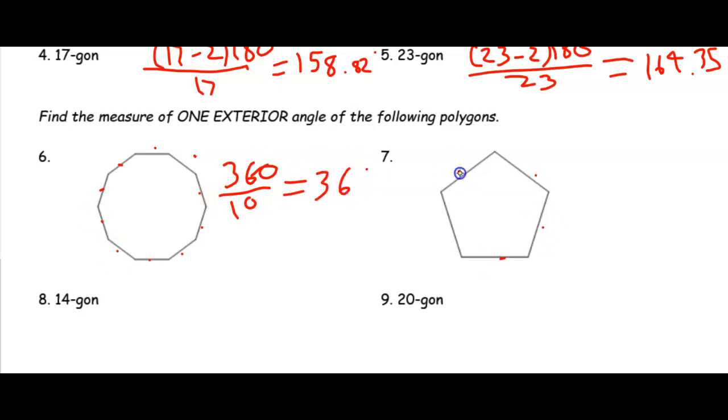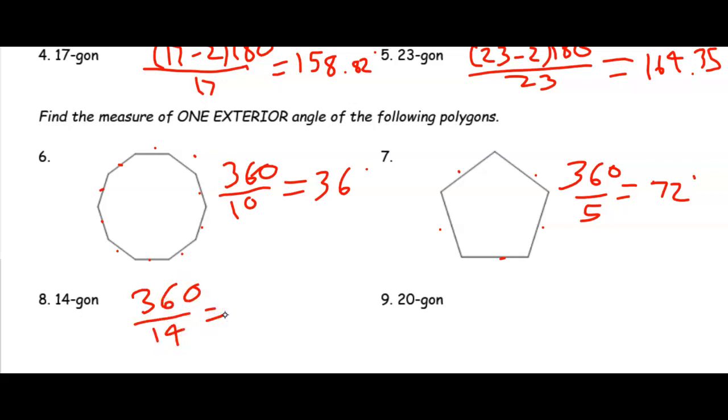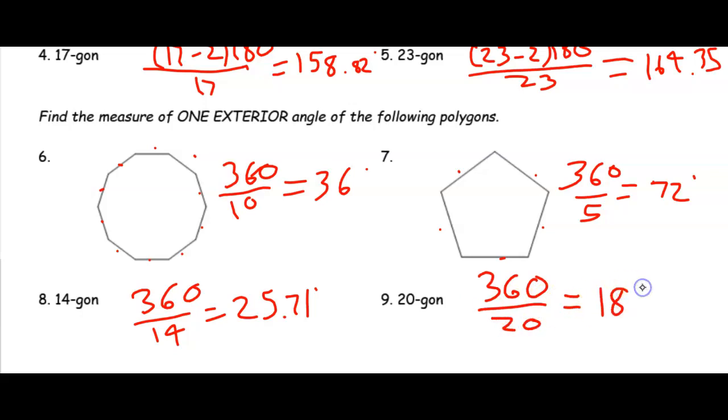1, 2, 3, 4, 5. 360 divided by 5 is 72. 14 sides: 360 divided by 14 is 25.71 degrees. 360 divided by 20 is 18 degrees.